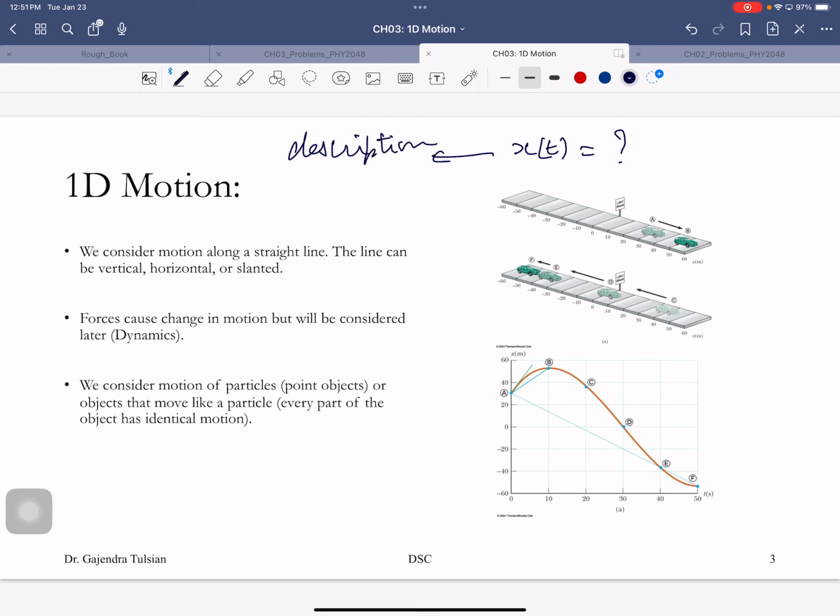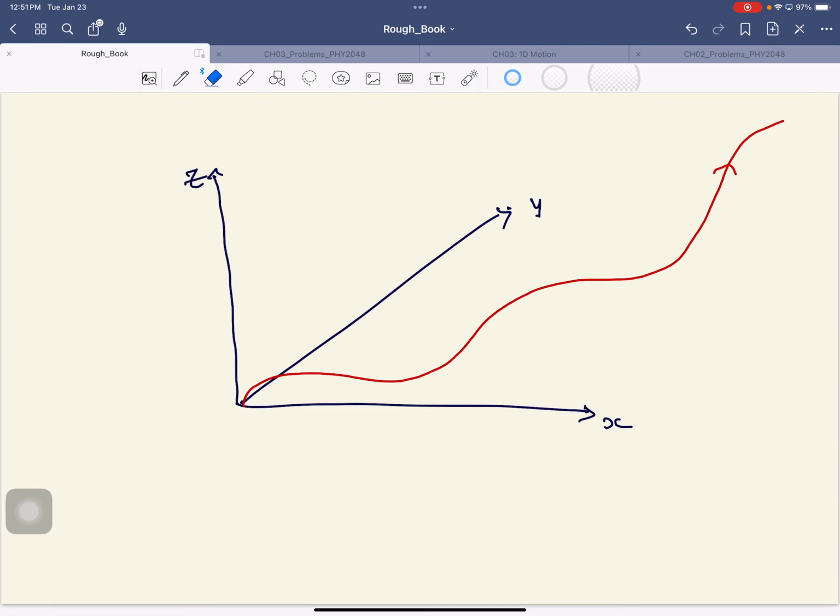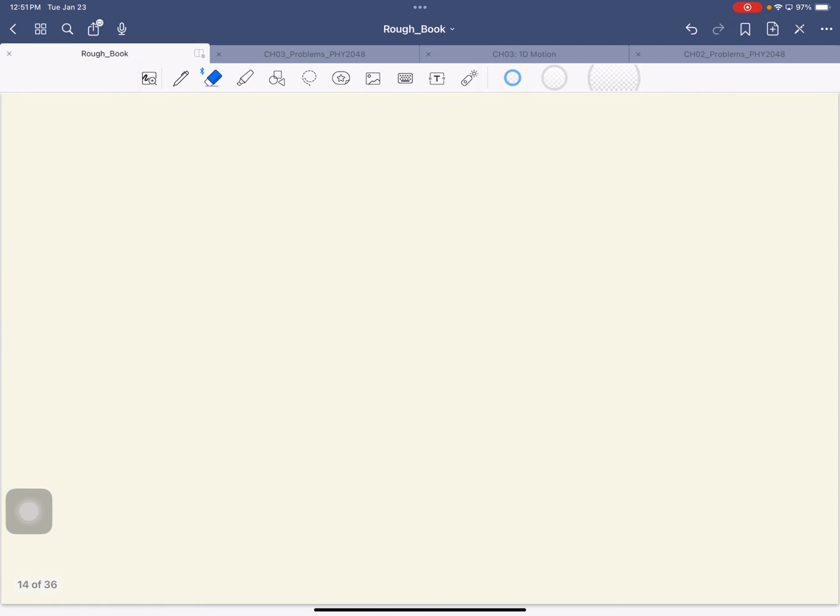Once you have that, I'll just give you the punchline now. How many different kinds of motions are there?